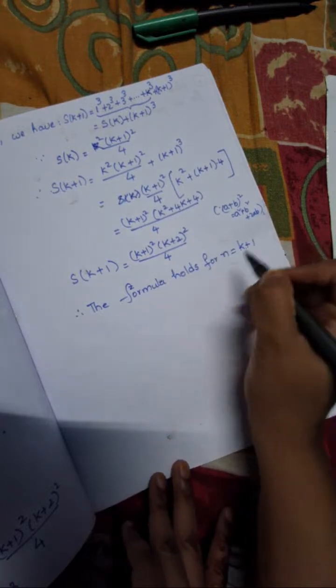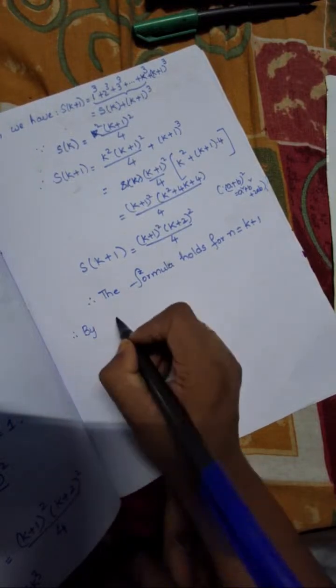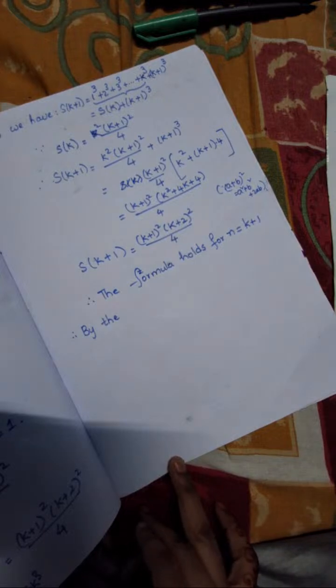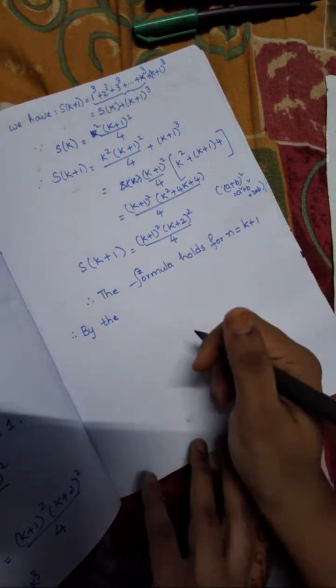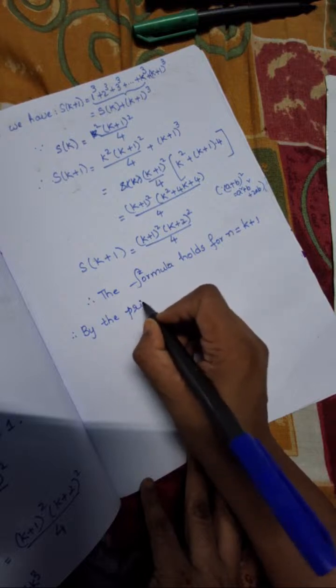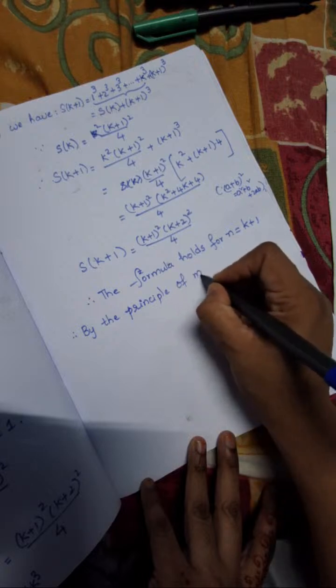Like this we have to solve, children. For any mathematical induction we have to take 3 steps, that is n equal to 1, P(1) we have to solve, and next P(k), next P(k+1) we have to solve. Okay, go to the principle of mathematical induction.